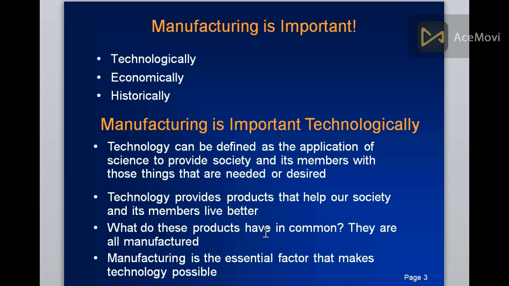What do these products have in common? They are all manufactured, because raw material is not of any use to human beings. It's the manufactured part, the machinery that we have done processes on, that becomes useful for human beings. Manufacturing is an essential factor that makes technology possible.